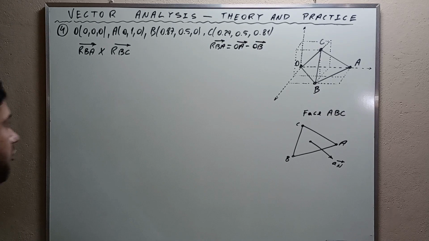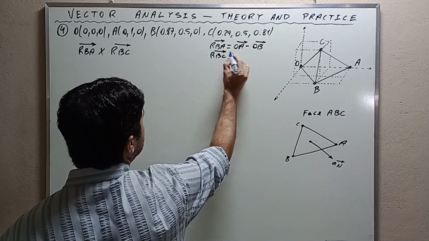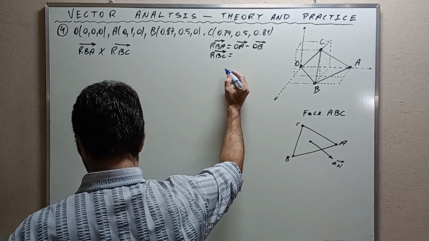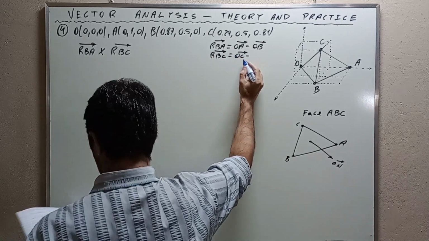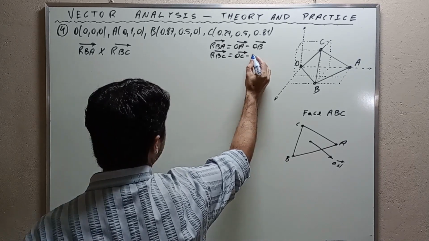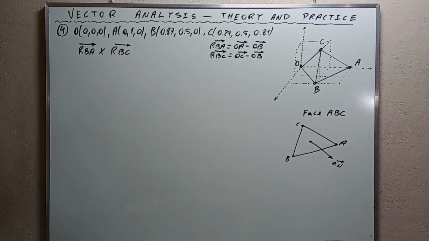Likewise, RBC can be understood as OC minus OB. We're going to use this to calculate.